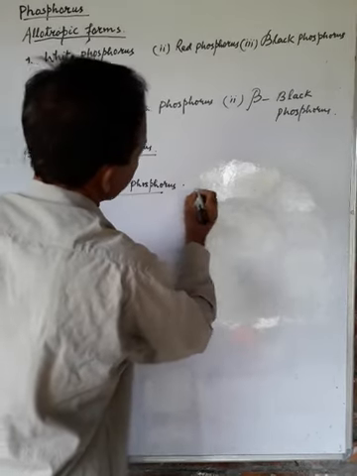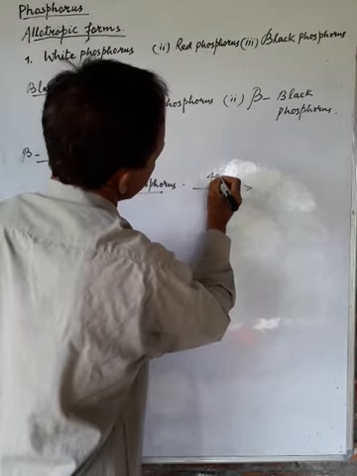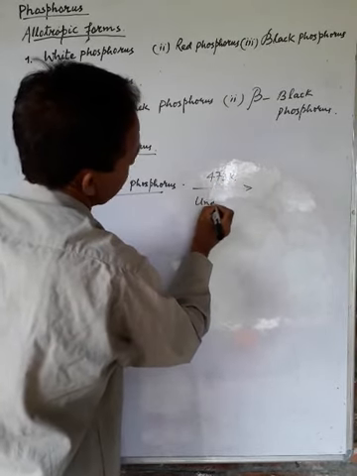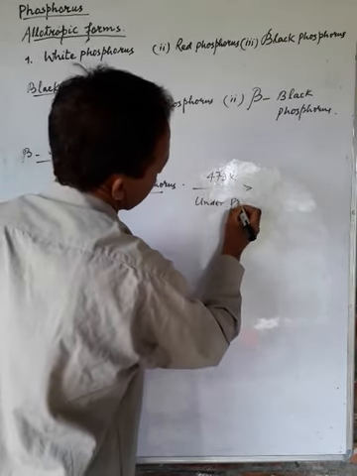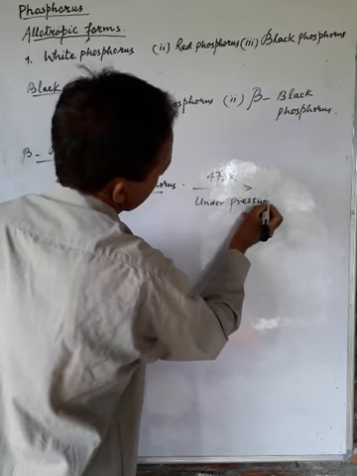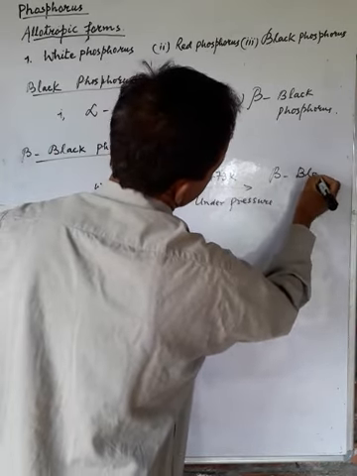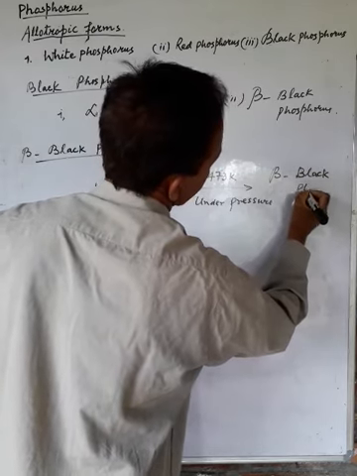When white phosphorus is heated to 473 Kelvin under pressure, we get beta black phosphorus.